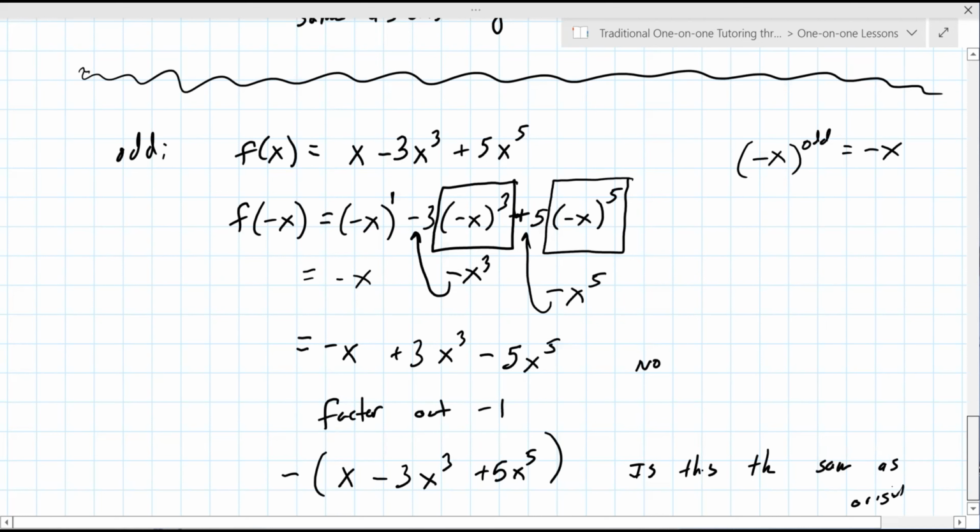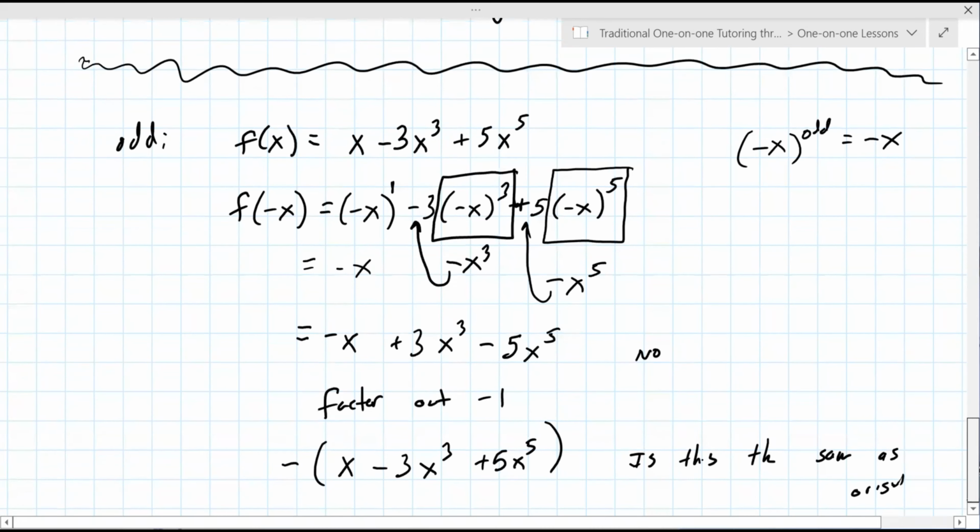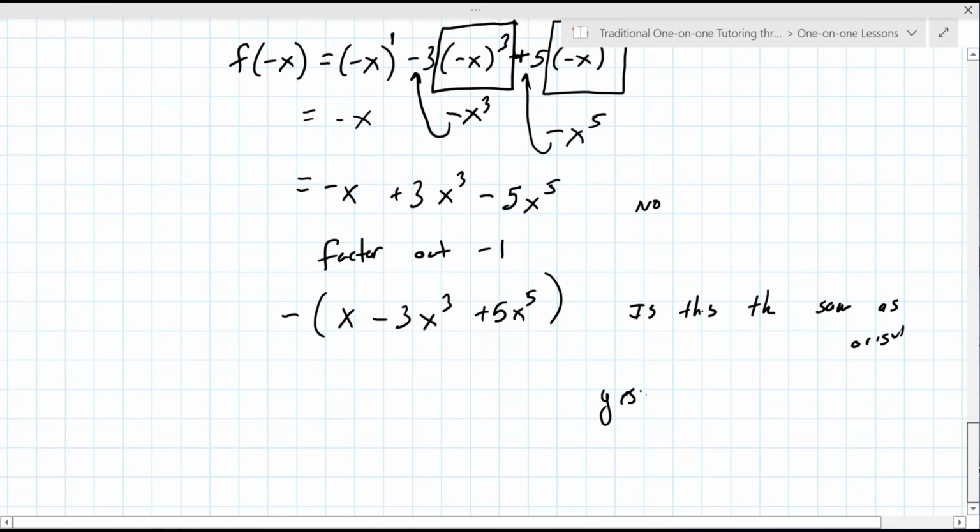Now in your notes, it might say f of x, but that's what we started with. Is it exactly the same? Not the minus, the part inside parentheses. Is the part inside parentheses exactly the same as the original? Yes. So when you get a yes there, that means it's odd.